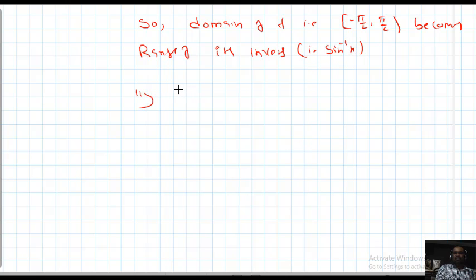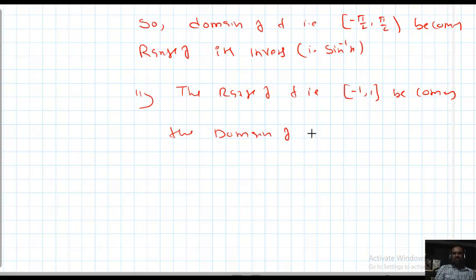Similarly, the range of f, that is minus 1 to 1, becomes the domain of its inverse, that is sin inverse of x.